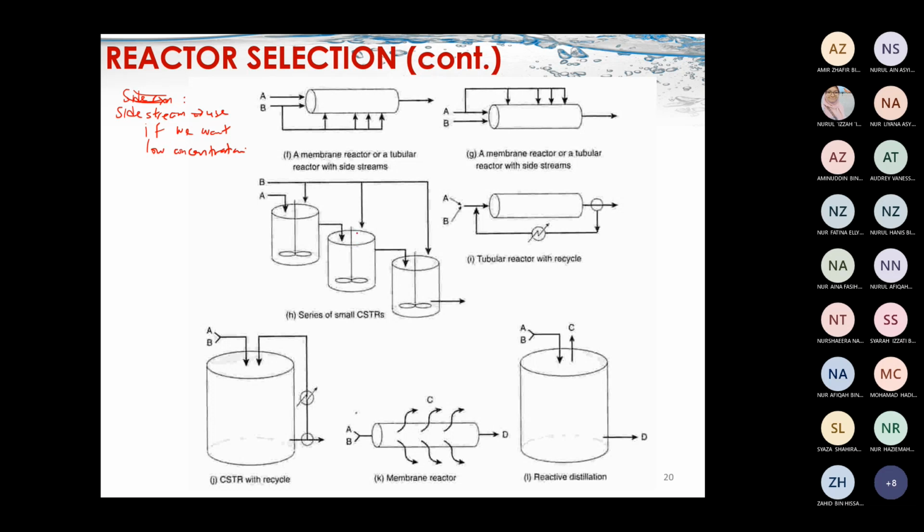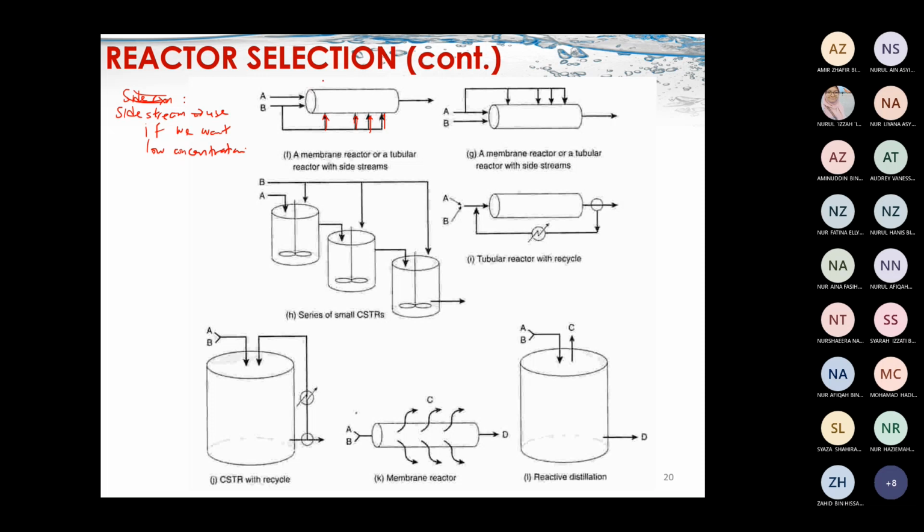For example, here we have A and B, and here there is another stream for B. It is not just one; B enters here, here and here. This we call a side stream.